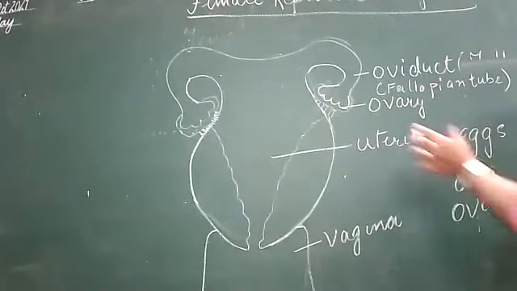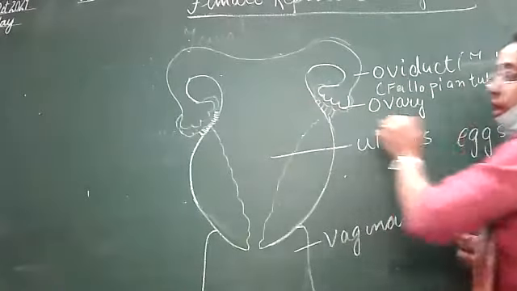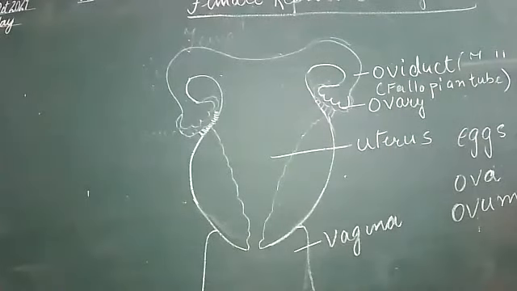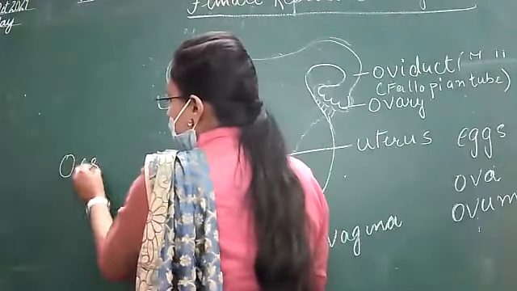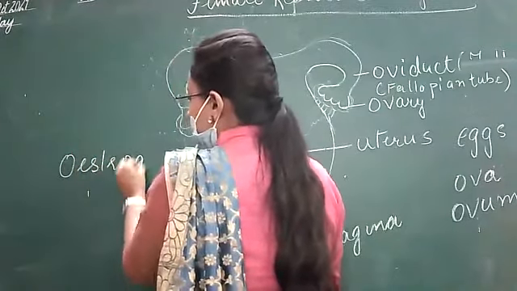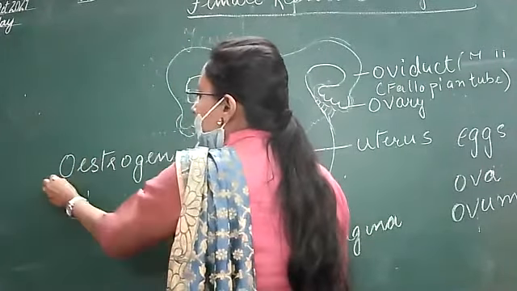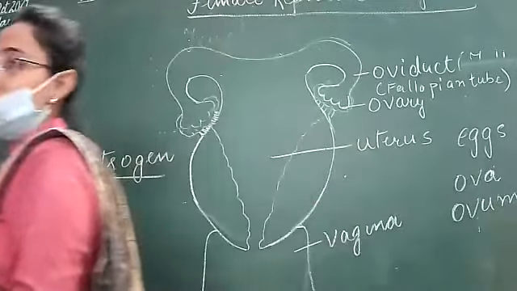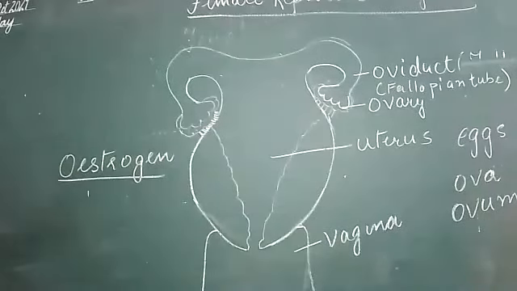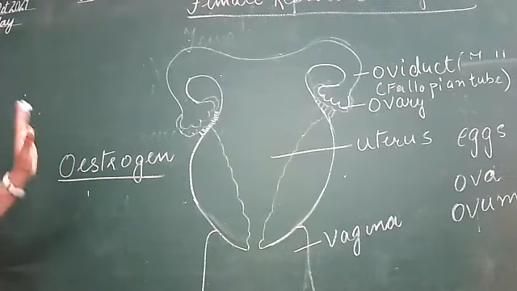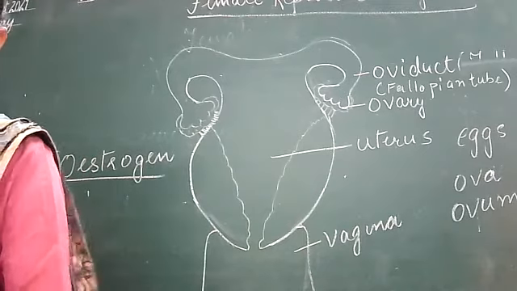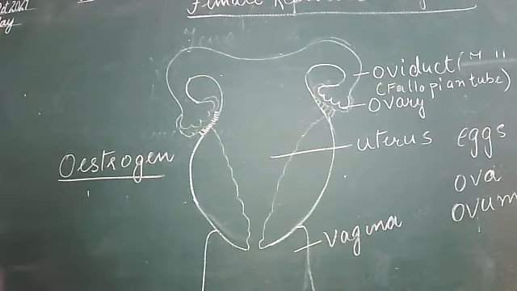So these ovaries produce hormones also. The hormones are two. One is estrogen. The spelling of estrogen starts with the O, but the pronunciation is estrogen. See? One hormone that it secretes is estrogen, and the other hormone that it secretes is progesterone.